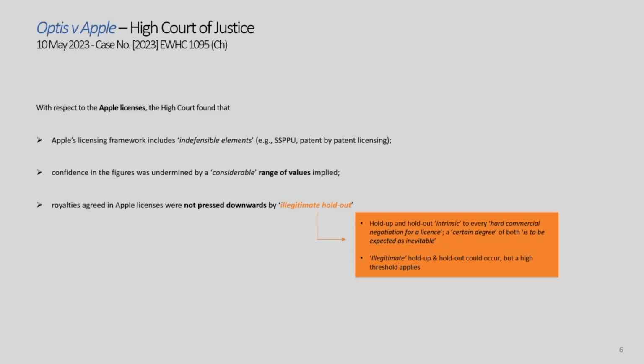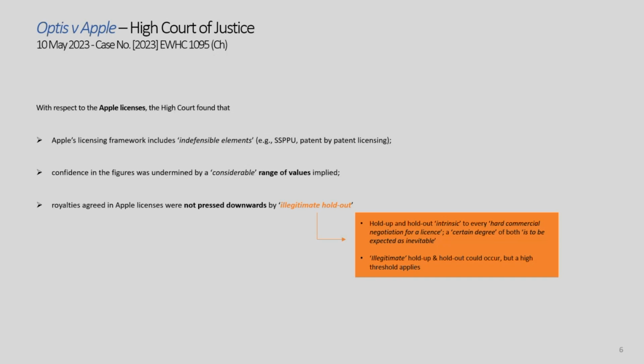The High Court found some issues with using the licenses of Apple. For example, it found that the licensing framework of Apple includes some indefensible elements, for example, the use of the SSPPU doctrine or the demand to have patent-by-patent licensing.